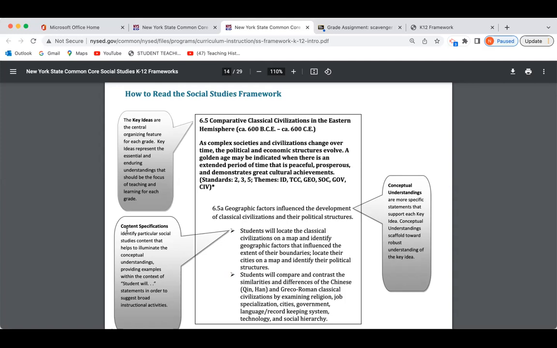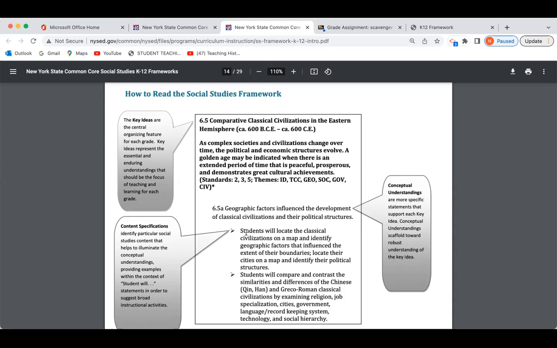I talk to my students and I tell them these are like the traditional objectives that my students have to write. Students will locate the classical civilizations on a map and identify geographic factors that influence the extent of their boundaries, locate their cities on a map, and identify their political structures.